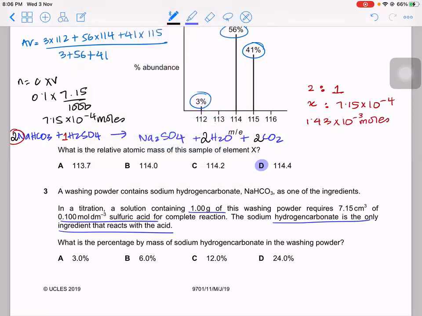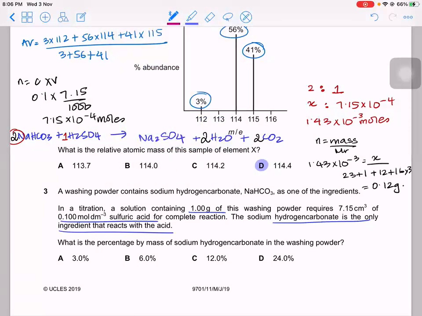Once we have the moles, can we convert it to mass? Yes, we can do moles equals mass upon molar mass. So moles are 1.43 × 10^-3. Mass is X. MR of sodium hydrogen carbonate is 23 plus 1 plus 12 plus 16 times 3. So you multiply the moles by the MR and that gives you 0.12 grams.